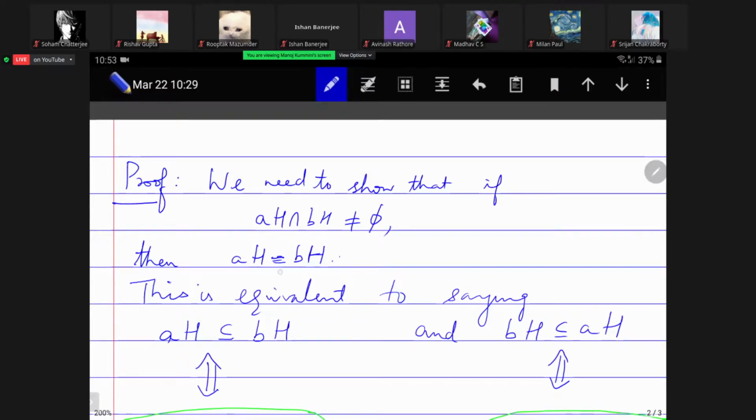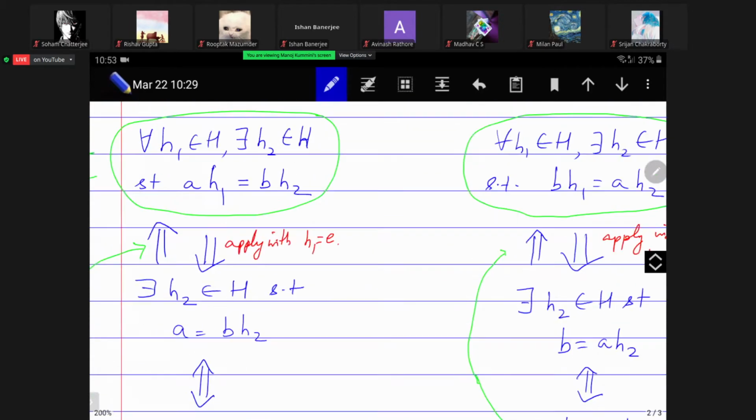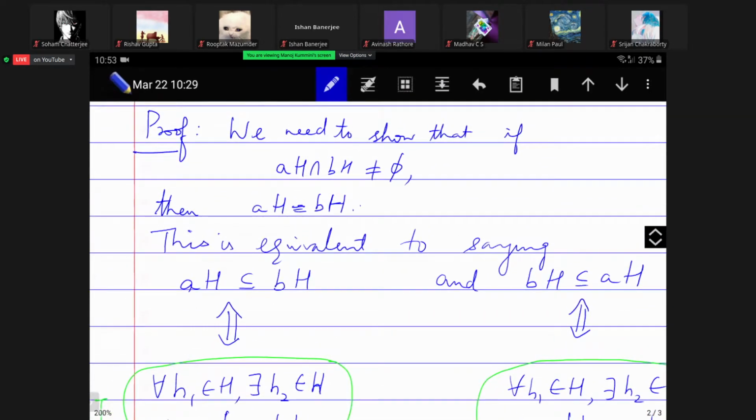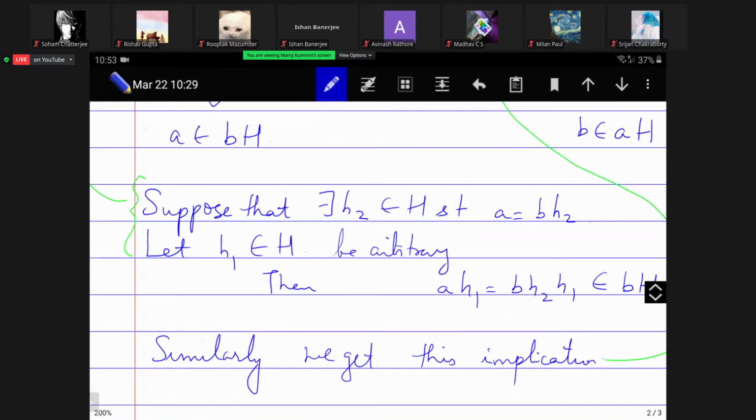If AH is equal to BH, then A is in BH and B is in AH. So why did we show that if A is in BH and B is in AH, then AH is equal to BH? Sorry, I did not get your question.